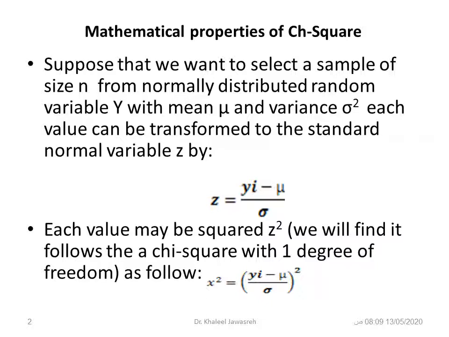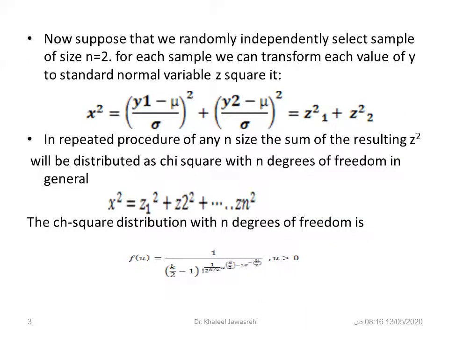So we have chi-square, abbreviated for simplicity as x square, and this is the first formula for finding the chi-square. As you see here, we need to suppose that we randomly and independently select a sample of size n equal to 2.